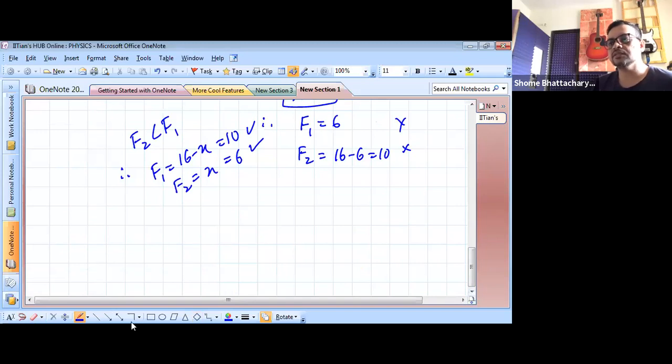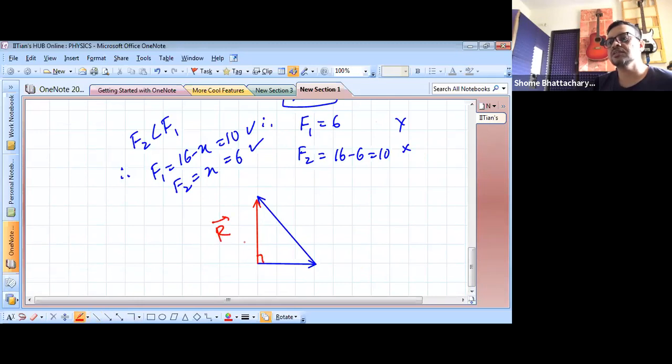So it basically means that this base one is F2 and this hypotenuse is actually F1, and this must be the resultant. So this is the complete solution of this.